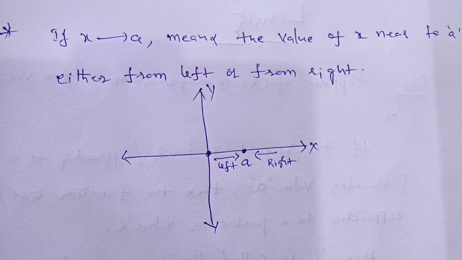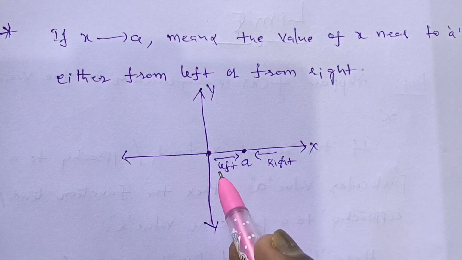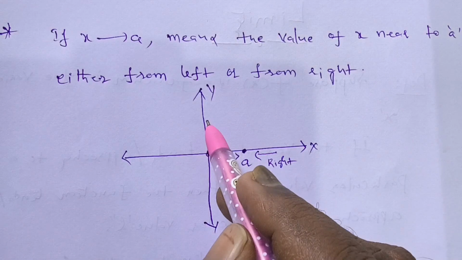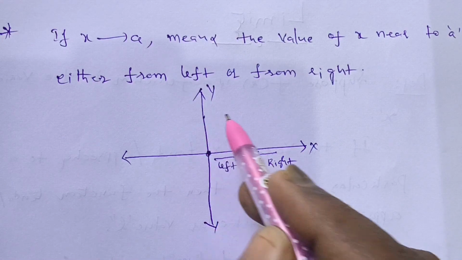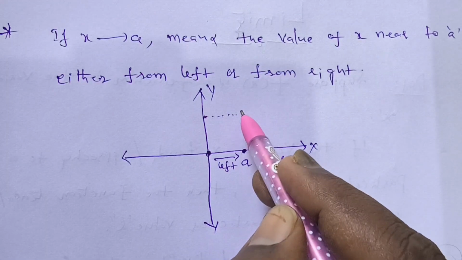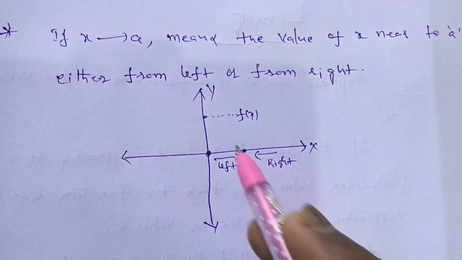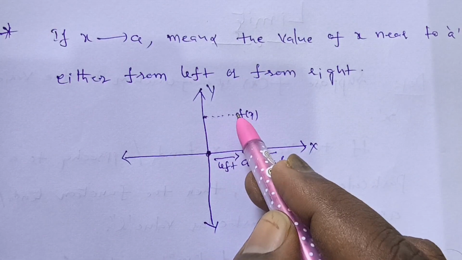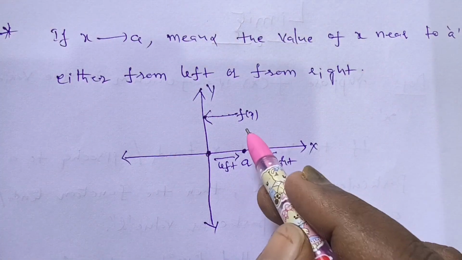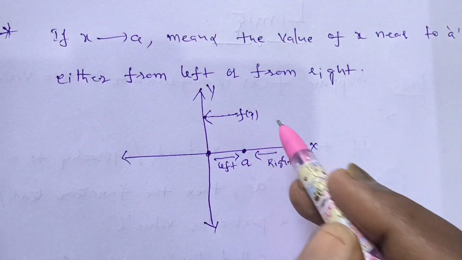So these arrow marks indicate all x values approach a. If all x values approach a from left or right, then the functional value approaches some fixed point. That fixed point lies on the y-axis.